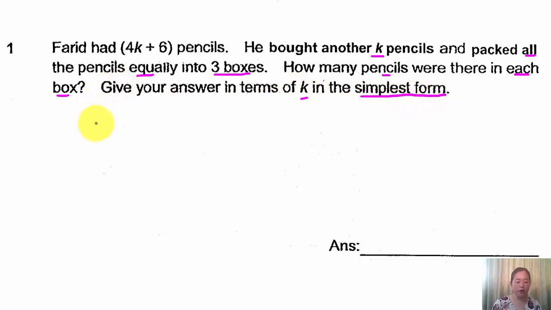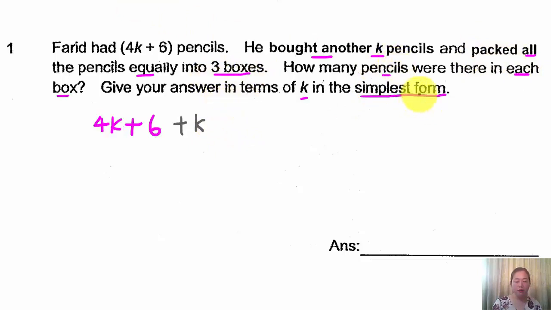So, at first, Farid had 4K + 6 pencils and he bought another K. So you have to do a plus K. And then it was packed into 3 equal boxes.